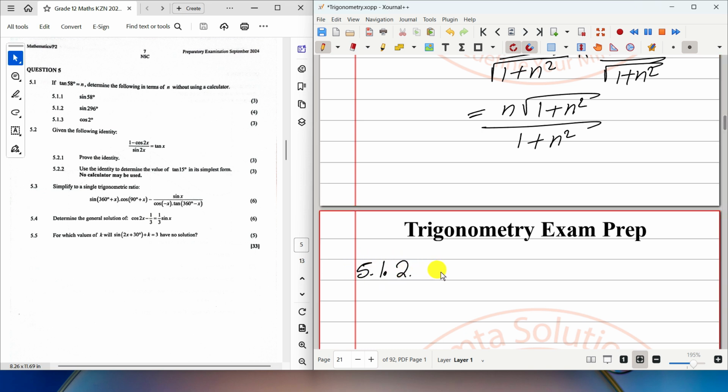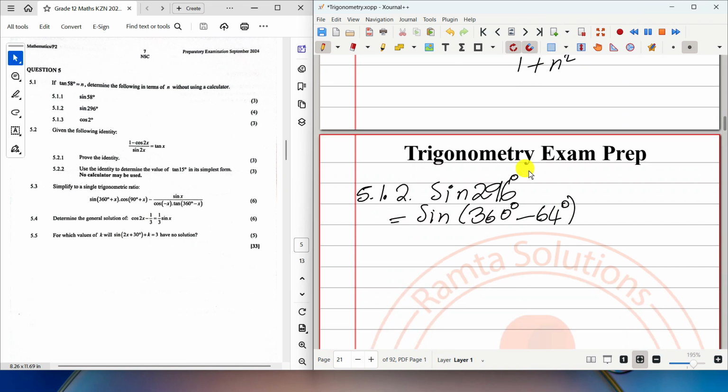Now 5.1.2, they say we must determine sine 296 degrees. This is similar. We know 296 is in the fourth quadrant. In the fourth quadrant, we work with 360 degrees. So 360 degrees minus 296 must be 64 degrees, isn't it?